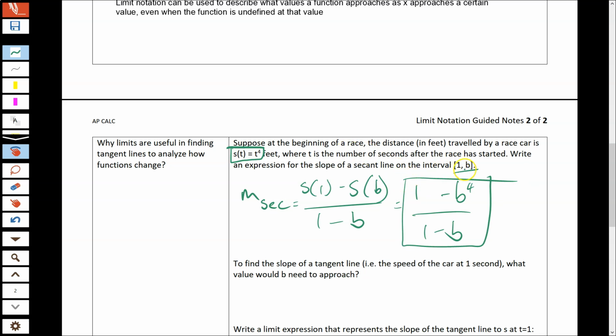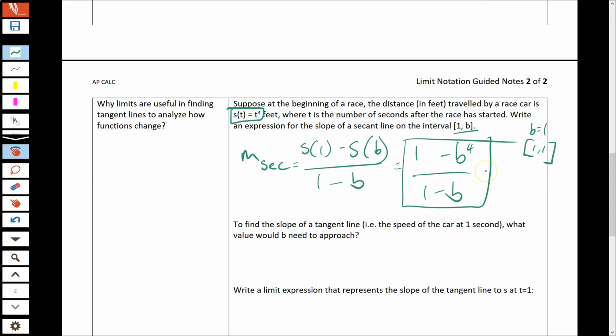And remember, we talked about this idea of letting b equal 1, essentially. So we're looking at the interval 1 comma 1, because our tangent line only touches the curve at one particular point at t equals 1. So that's our tangent line.